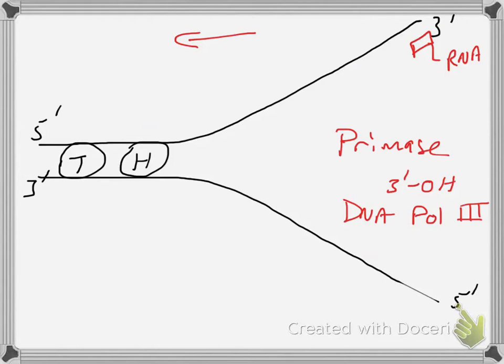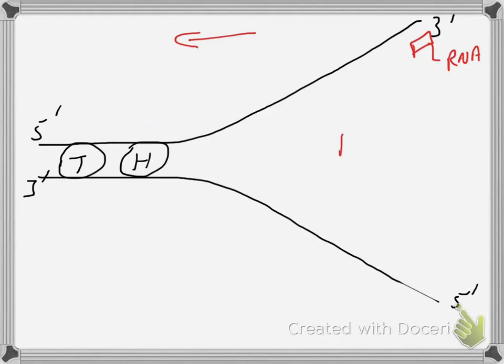So the orientation of our primer is 5' to 3' in terms of how it is synthesized. So we have a 5 prime here and a 3 prime here.